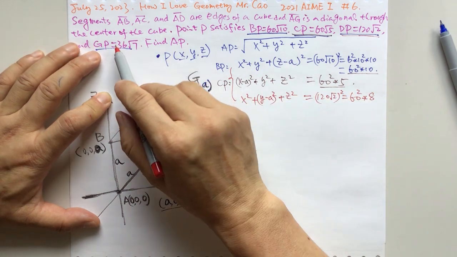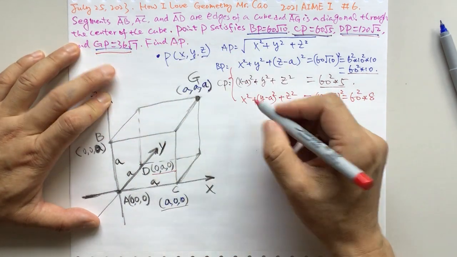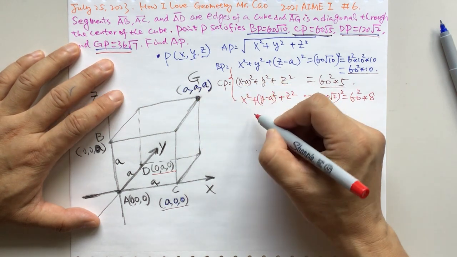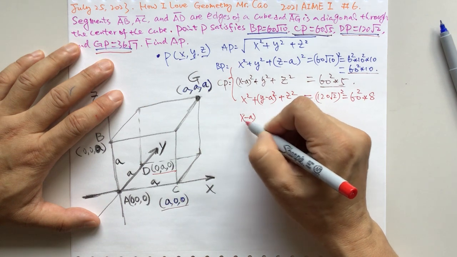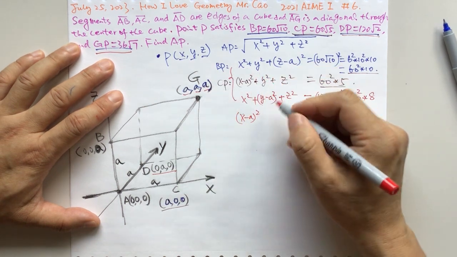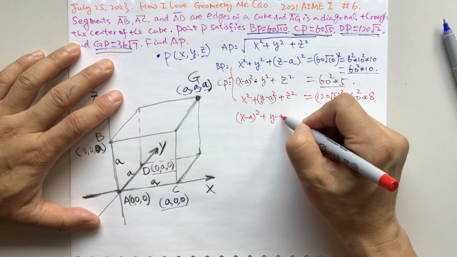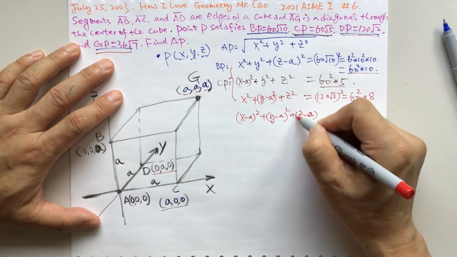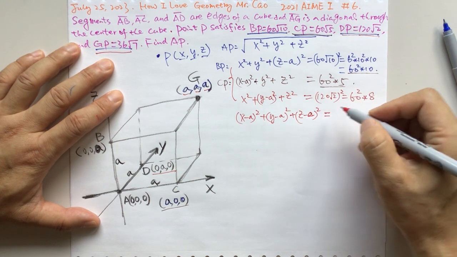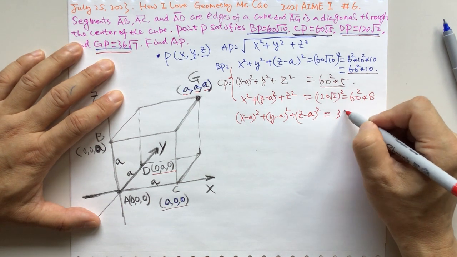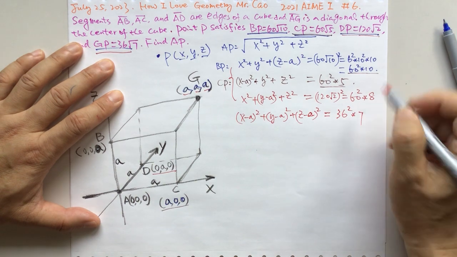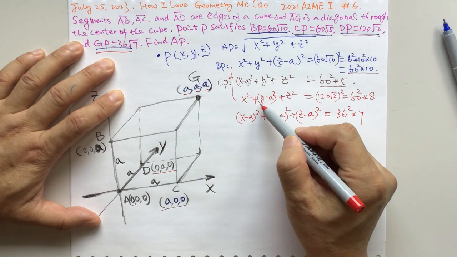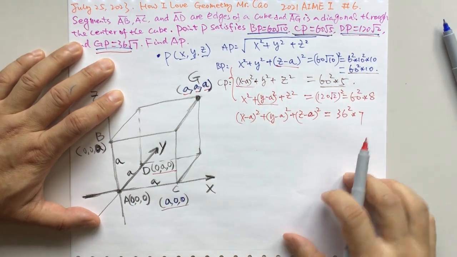For GP, we have (x minus a) squared plus (y minus a) squared plus (z minus a) squared equals 36 squared times 7, correct? So now we know how much for this one and this one.